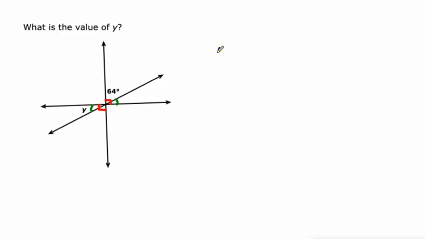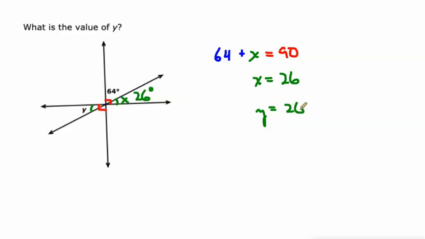So here we go. Let's go 64 plus, we'll call this one X right here, and together those equal 90. We'll subtract 64 from both sides and we get 26. So if X is 26 degrees, then Y would have to be 26 degrees as well because they are vertical angles and vertical angles are congruent.